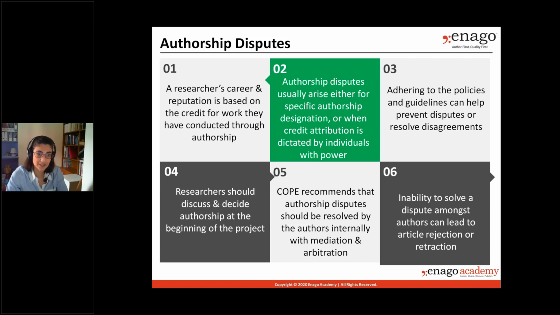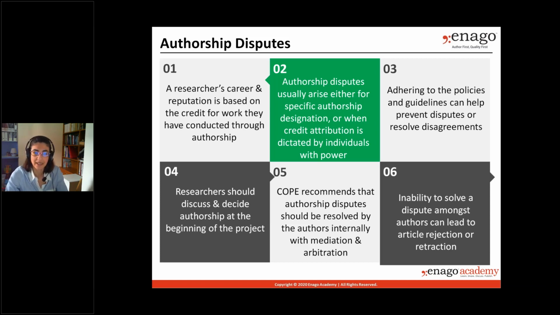So publications are a very important component of a researcher's CV, and therefore a very important parameter for their advancement in their career. Authorship disputes usually arise either over specific authorship designations, so in which order their name will appear in the manuscript, or when credit attribution is dictated by the individual powers of the different members rather than the actual work they have contributed. These are common reasons for authorship disputes.